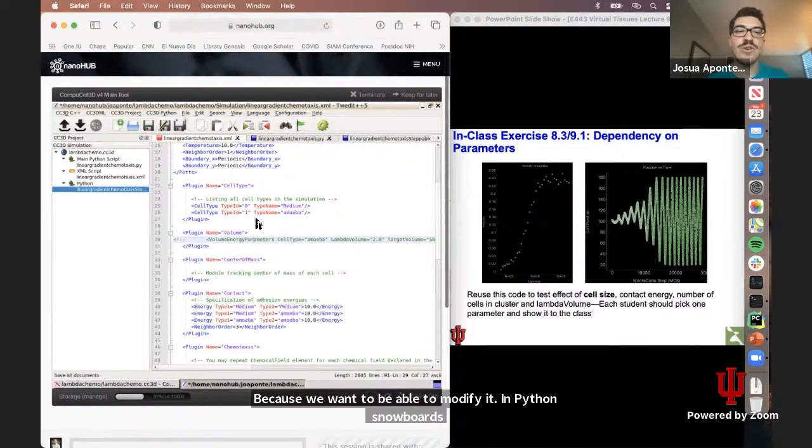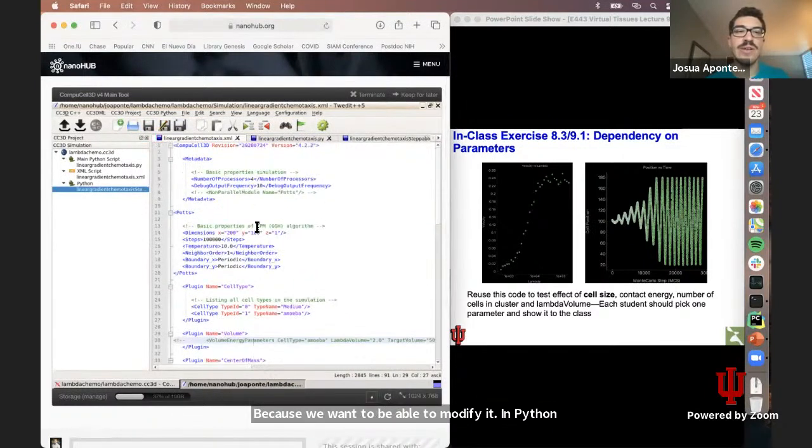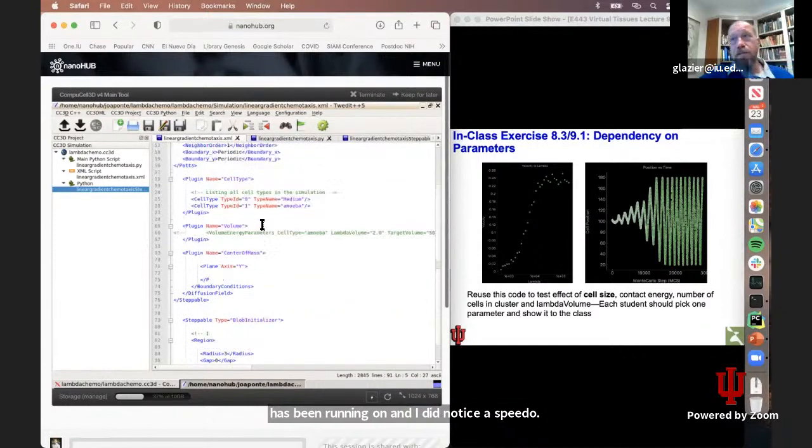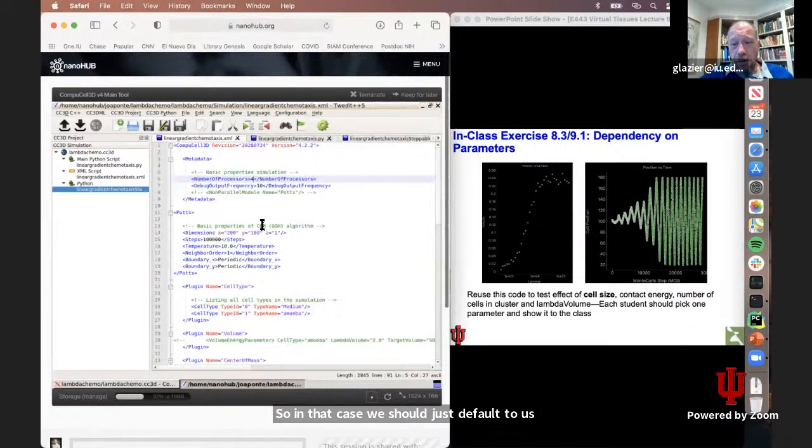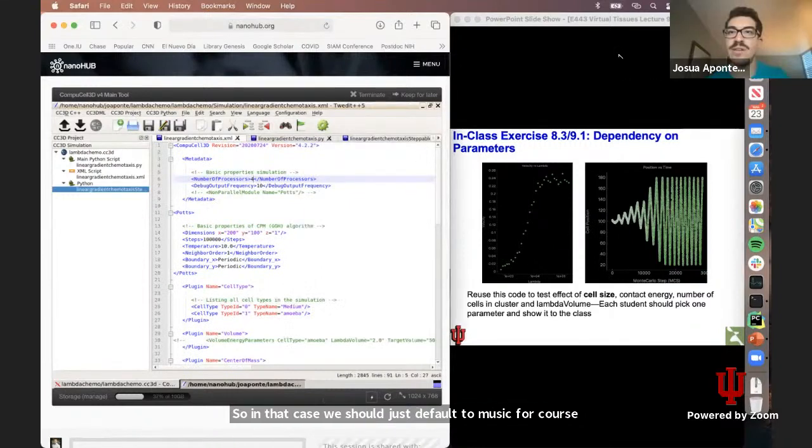James, by the way, I did try increasing the number of cores this is running on, and I did notice a speedup. So in that case, we should just default to using 4 cores. Yeah, I did notice it.